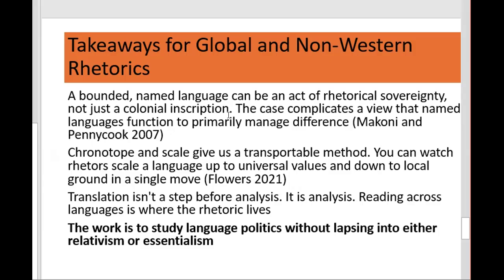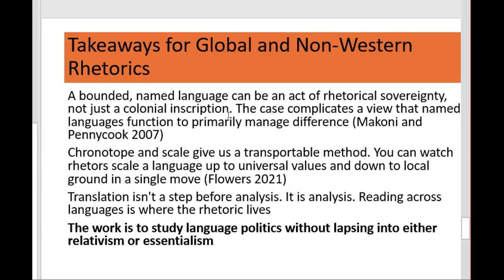It isn't only seen as a colonial imposition, but it is also a way the general population or the society manages to push against power structures within this named language concept. That we speak this, therefore we will have rights inherent to us as speakers of this language.